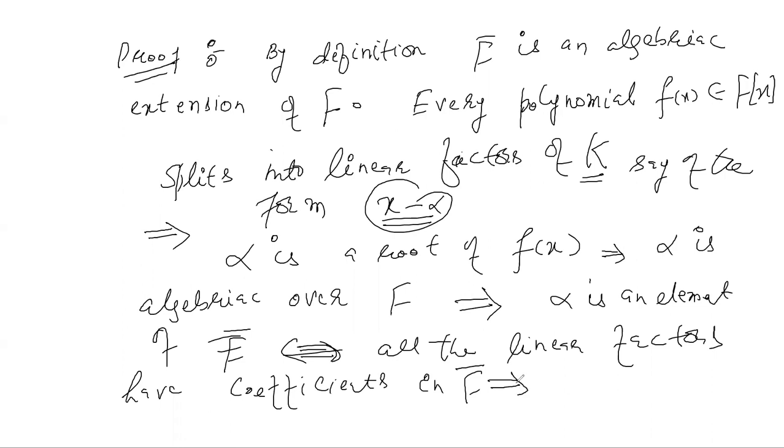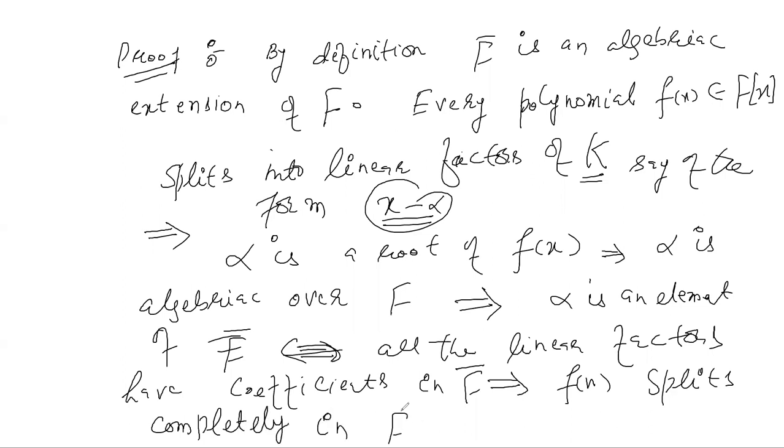It means that every polynomial with coefficients in f splits completely in f bar[x]. So f(x) splits completely in f bar[x]. So what does it mean? It means that f bar is an algebraic closure of f.